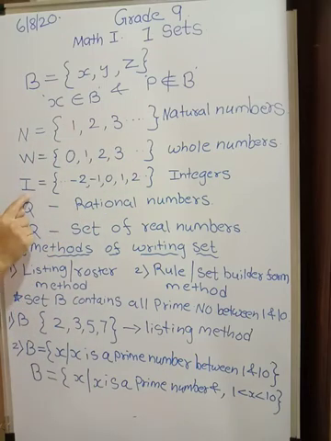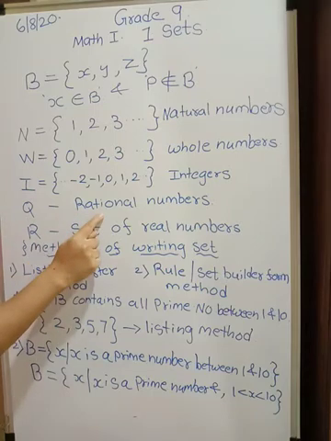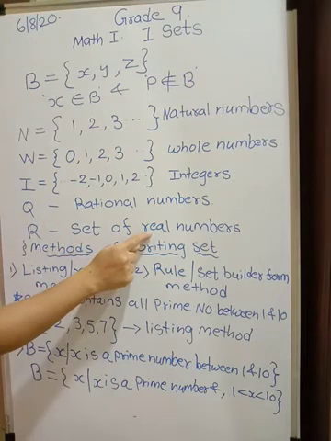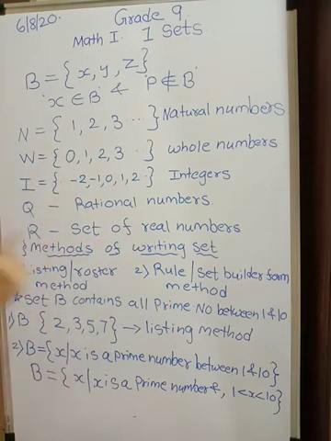It is a set of integers denoted by I. Q, rational numbers, set of rational numbers is denoted by Q. We have seen what we mean by rational numbers in your grade 8. Now real numbers. Real numbers include all the numbers. So the real number set is denoted by capital R. Please remember these letters. Okay. It may be useful to write the set ahead.